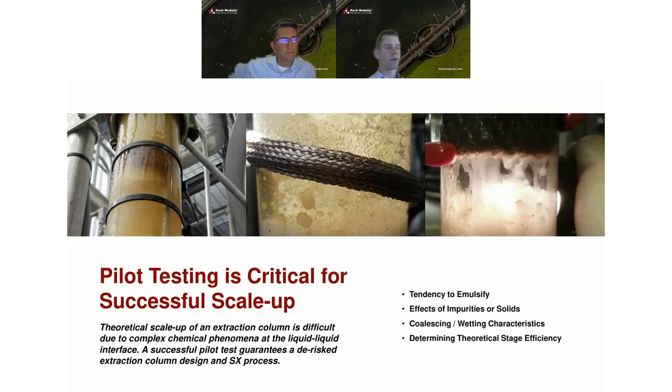But we also have a set of C276 internals for processes that are more corrosive. And we can also build pilot columns out of essentially any materials of construction that are required.